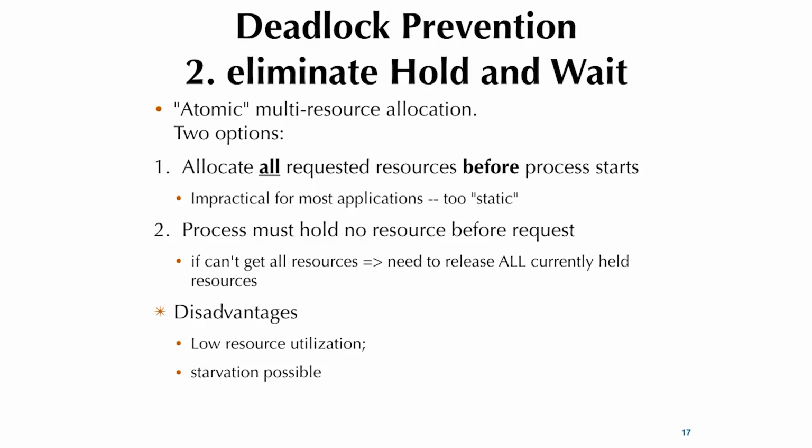Now, can you eliminate hold and wait? What that means is you want to make resource allocation more atomic, more like a transaction. So all or nothing. Here, I need to request one instance of resource A, two instances of resource B. And you force the user to say, if you want to request these, make these requests simultaneously, and that's all you are allowed to do.